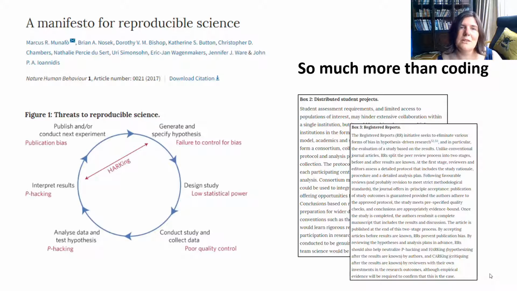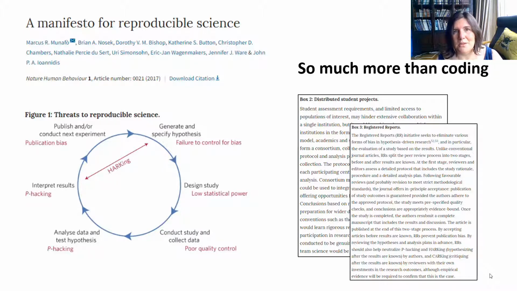When Munafò and colleagues wrote their Manifesto for Reproducible Science in 2017, they called on colleagues to look more holistically at reproducible research, to look at it from many different perspectives and at various different stages within a research project. And we were taken by this, we were impressed by this, and so we've developed assessments based around this idea of breaking things into smaller parts, but also on making student assessment much more authentic.